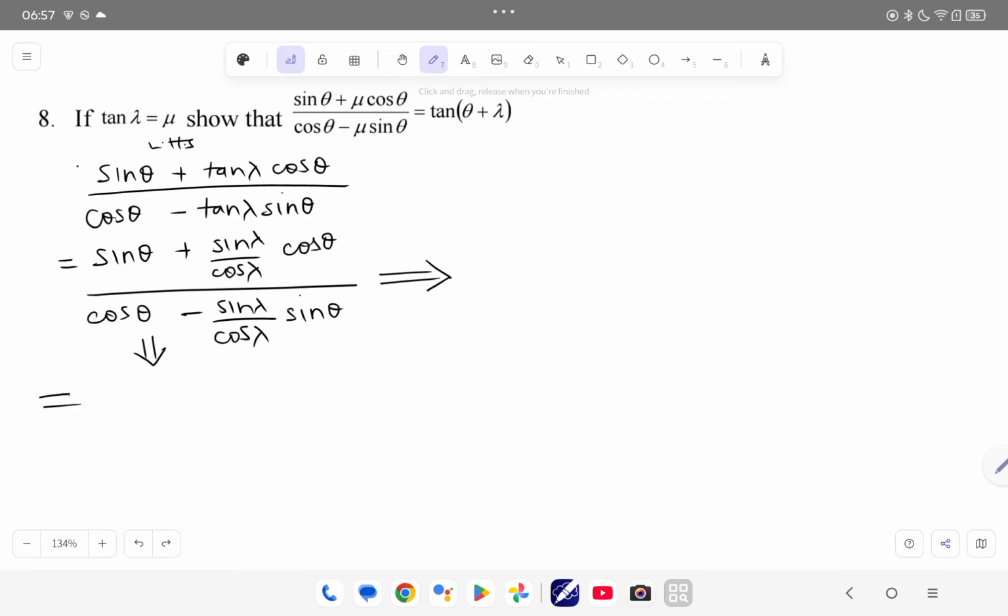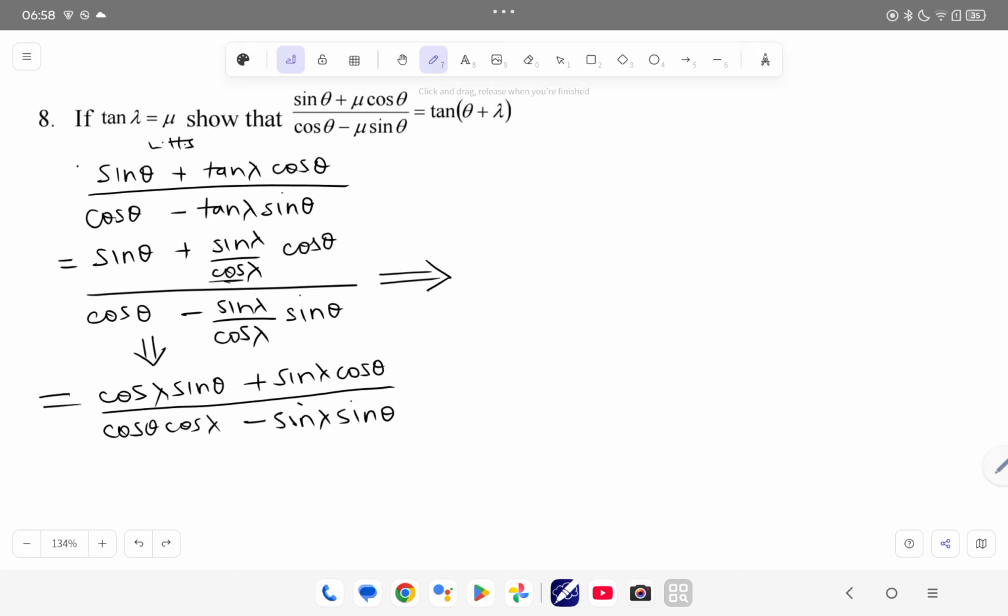The first one is multiplying through by cos lambda, and you get cos lambda sin theta plus sin lambda cos theta out of cos theta cos lambda minus, here cos lambda goes, you remain with sin lambda sin theta. Here we have multiplied through by cos lambda.